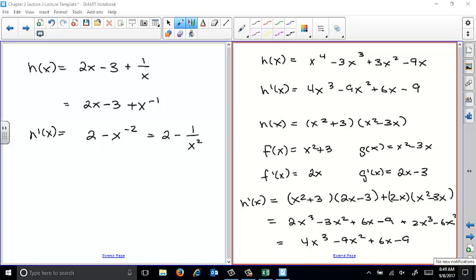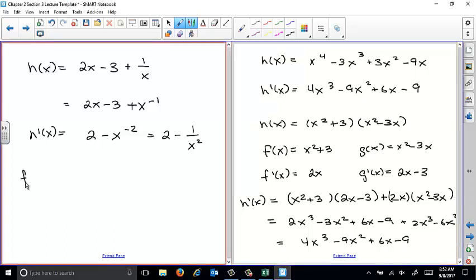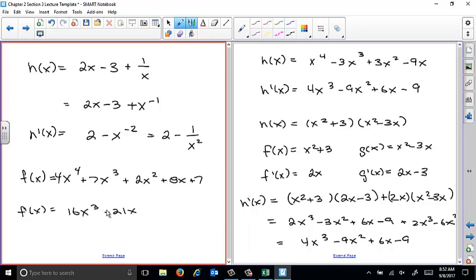So yeah, that was the right answer. I'm pretty sure everybody got the answer right for the fourth order polynomial, but I'll write it out. So here's the answer to that.